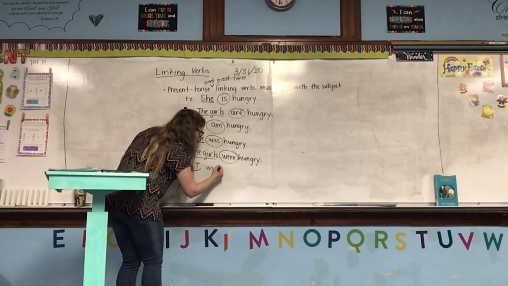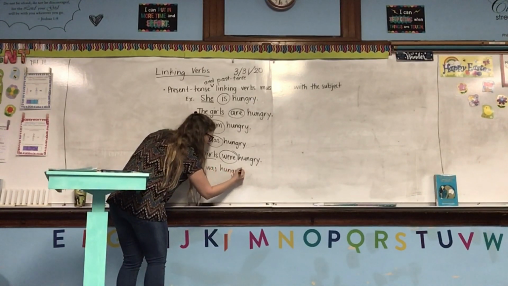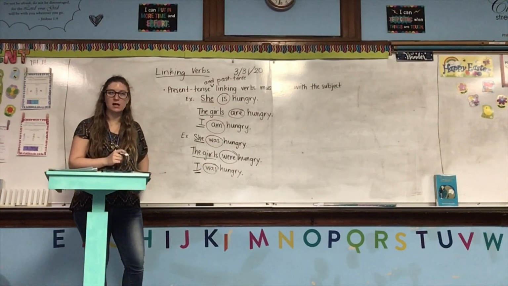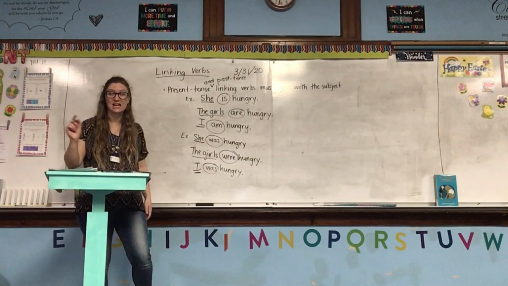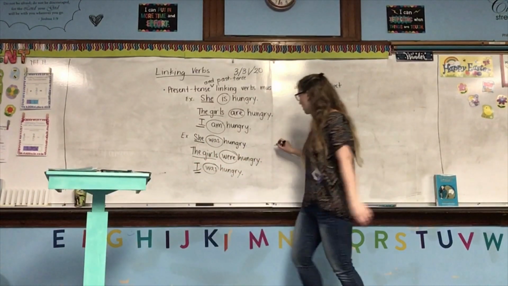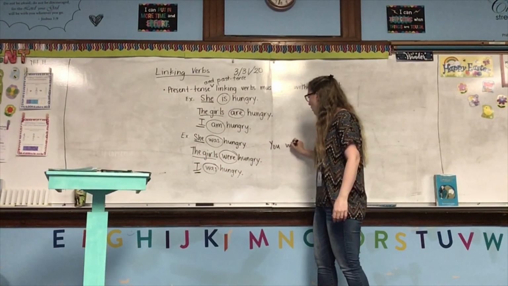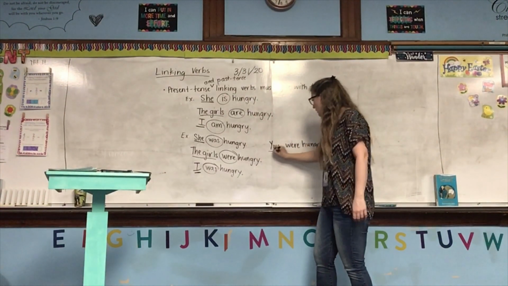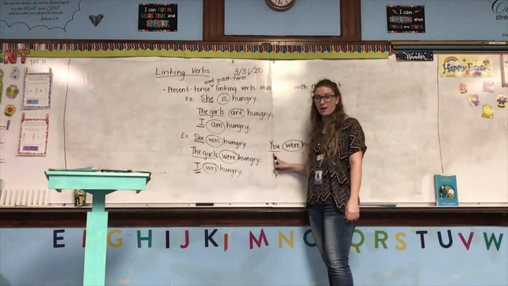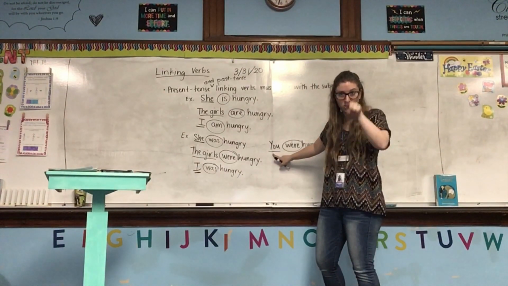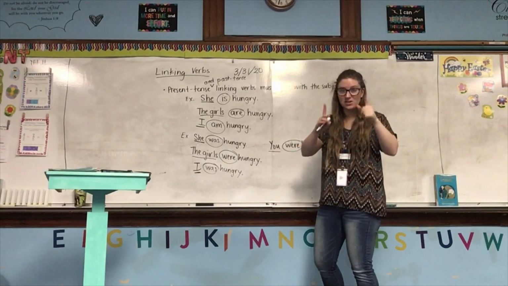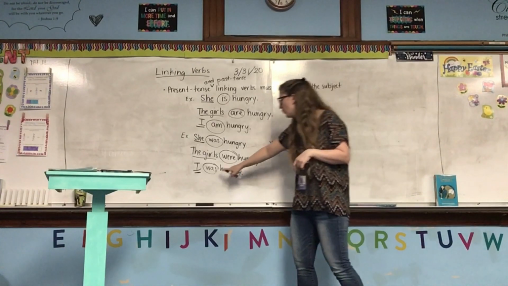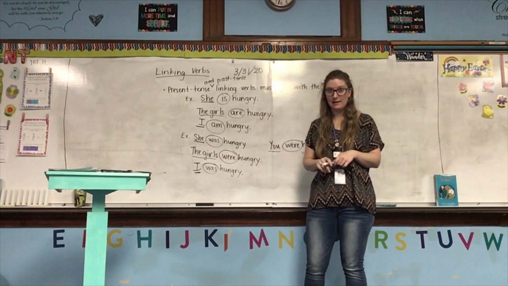I was hungry. Now you may be thinking, well, that's a singular subject, so that works. But what if I'm talking about one person and I say you? Then it would be you were hungry. So even if I'm only talking about one person, I'm talking to one of you right now. You were hungry. If I'm talking to one of you or if I'm talking to all of you, were always goes with you and was always goes with I.